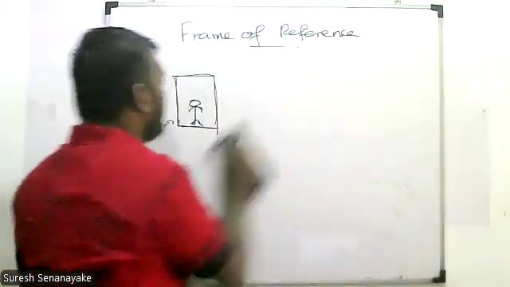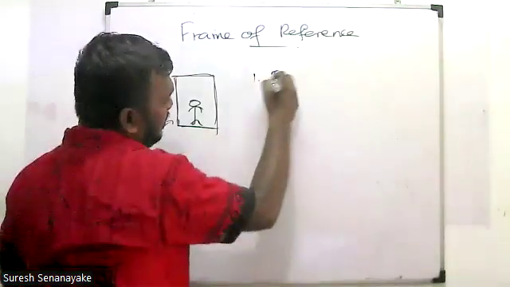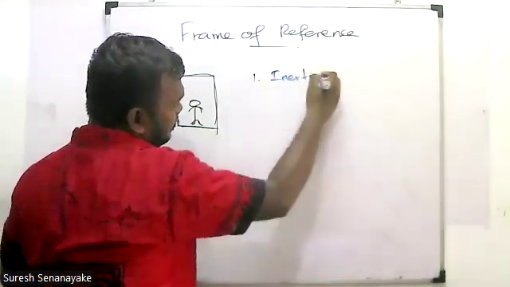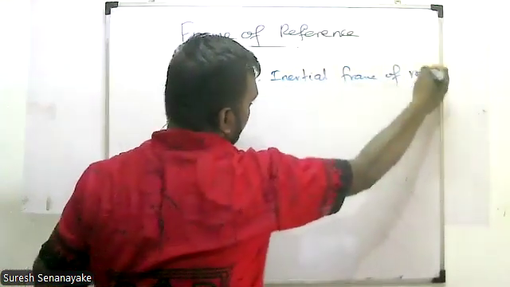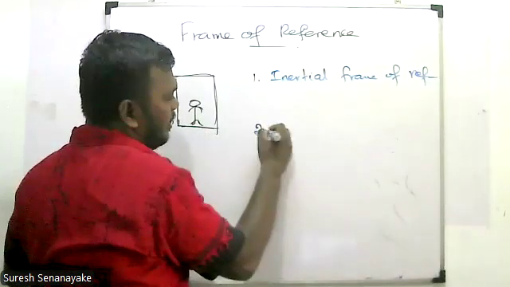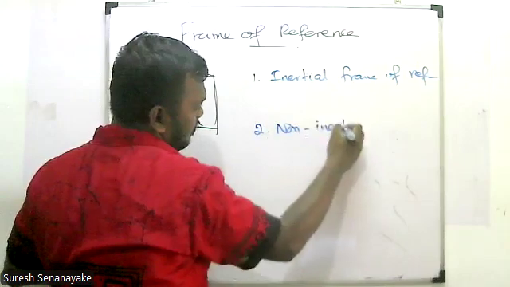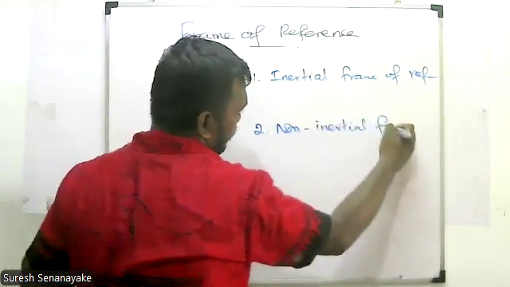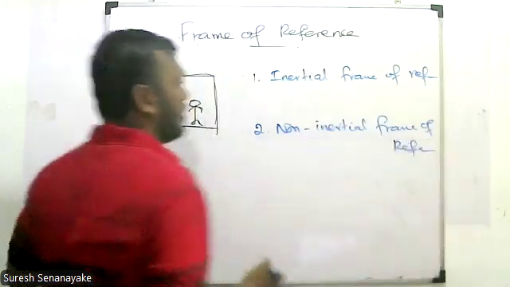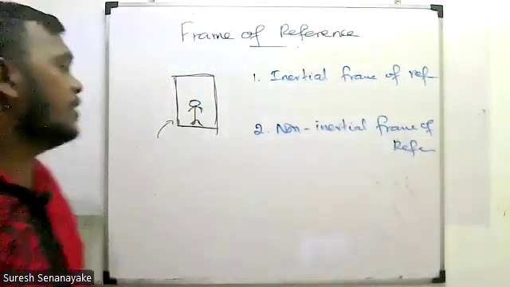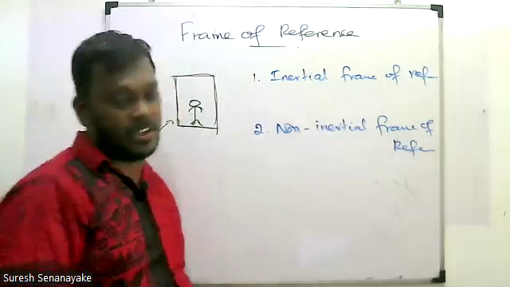One is the inertial frame of reference, and the second is the non-inertial frame of reference. The inertial frame of reference means the frames which are not accelerating, right?